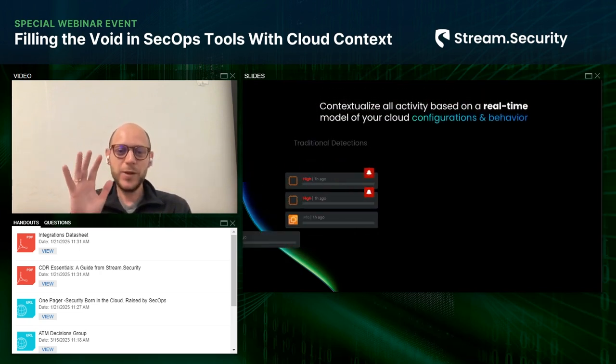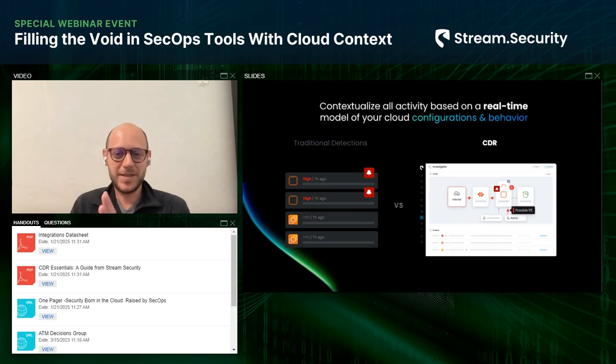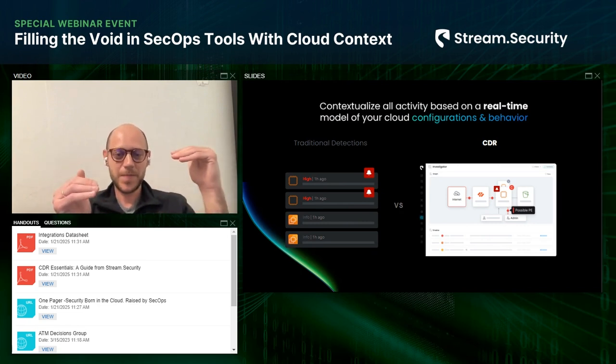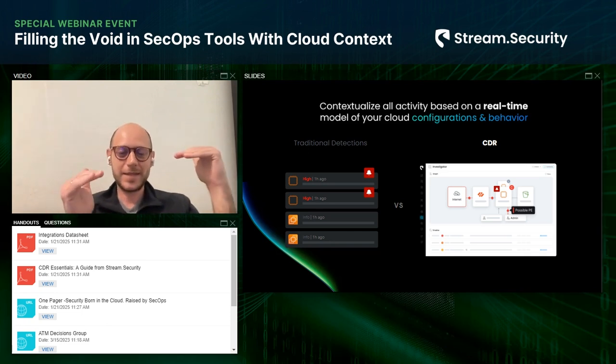Now, if we look at it in a very simplistic way, traditional detection will usually detect things with the same severity. So if I have two instances in my environment and a detection rule hits both, it will always have the same severity on the log, right? A machine, two instances, same rule detected, both of them will always have the same severity.